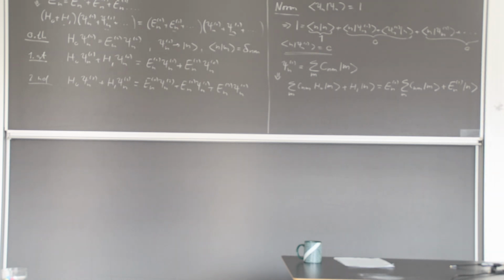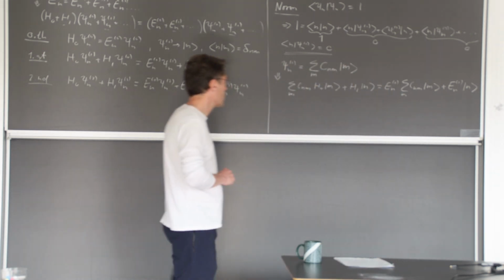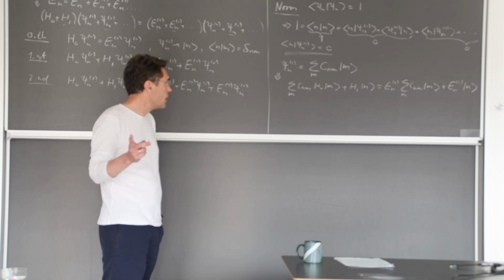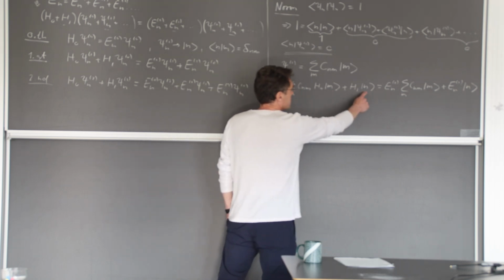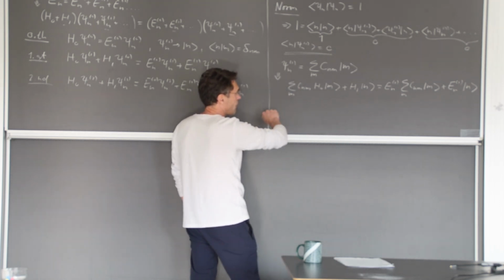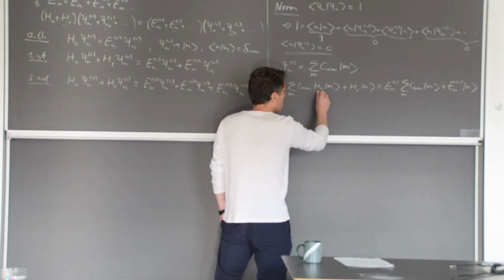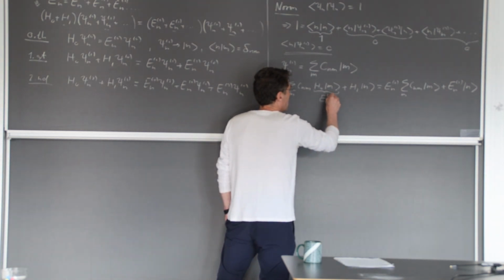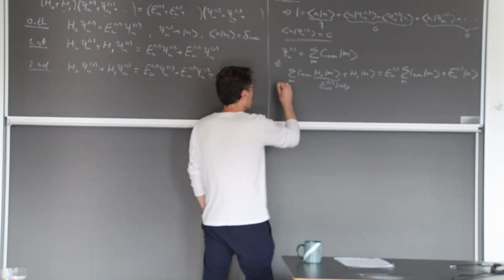And then what am I probably going to do? Use the Kronecker delta. Yeah, that's right. I will use the fact that all of these states are orthogonal. There's also another thing I want to do, because when H0 acts here, obviously it's going to give me E_m^0 on the m state here.